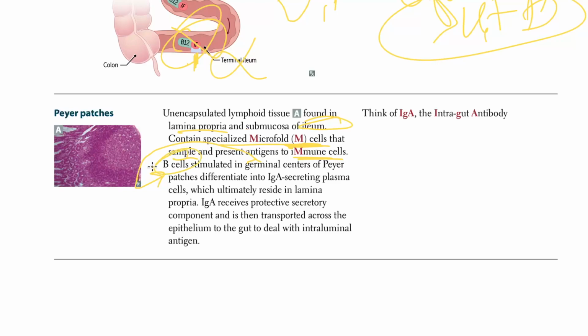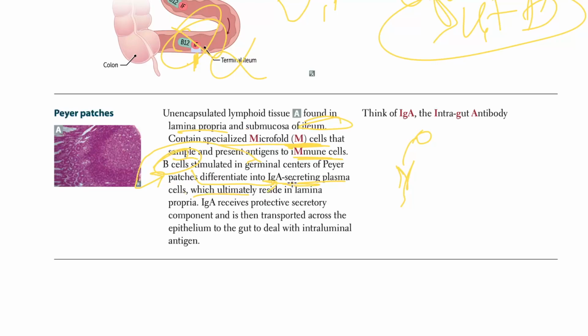The B cell is going to look at that antigen and make antibody for it, and that antibody is IgA. IgA is going to go out and keep getting that whenever it comes down. So, yeah, that's pretty much all we have for Peyer's patches.